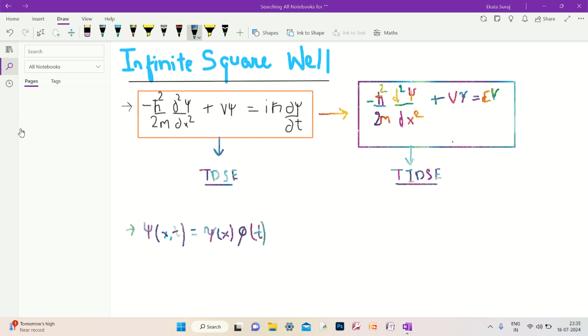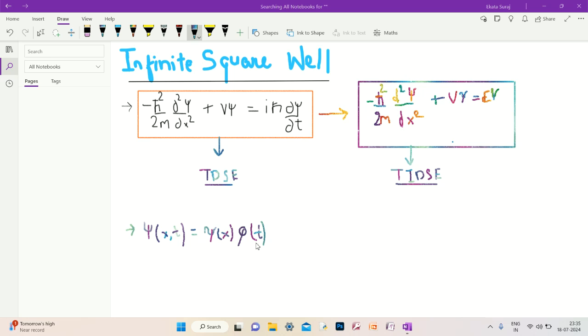I have written it clearly to distinguish between the time dependent and time independent wave functions. In the time dependent wave function, I have separated the values. First is the value dependent on position. Second is the value dependent on time.